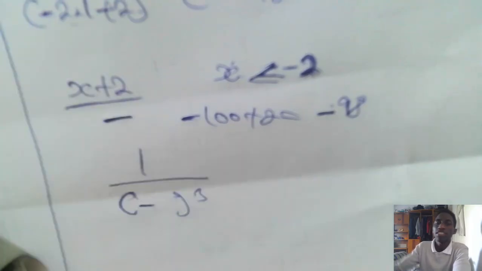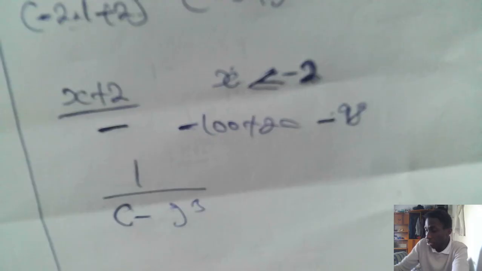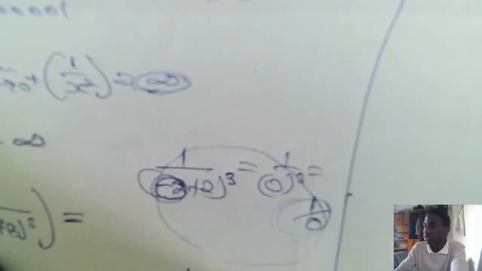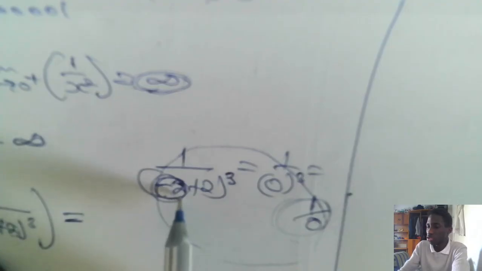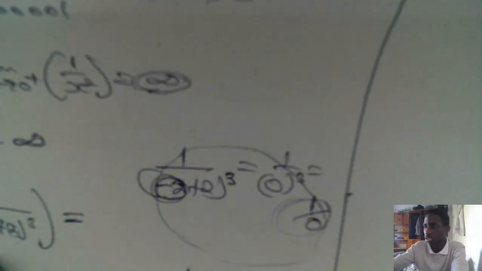Now that something you are choosing is approaching minus 2, and at minus 2 the denominator is 0. So that means that the closer you get to minus 2, the closer the denominator gets to 0.